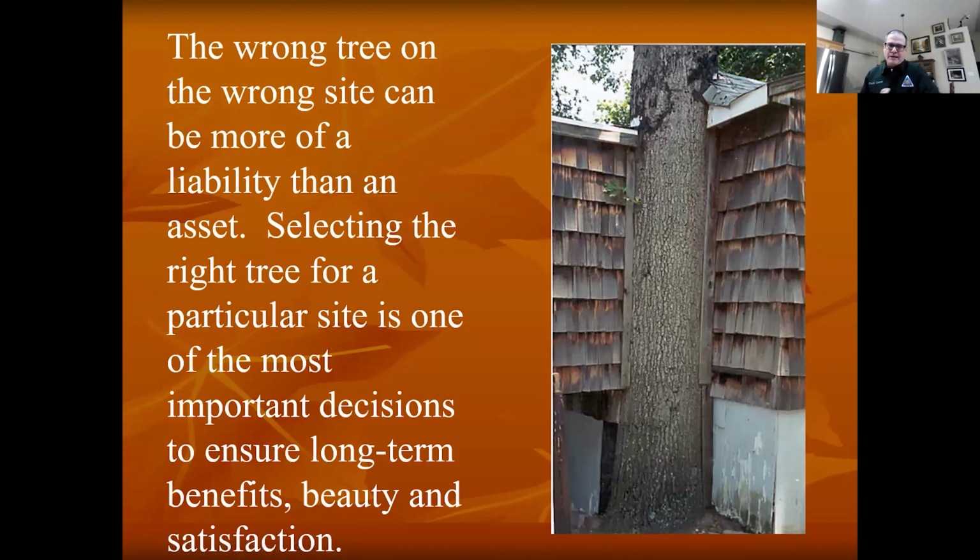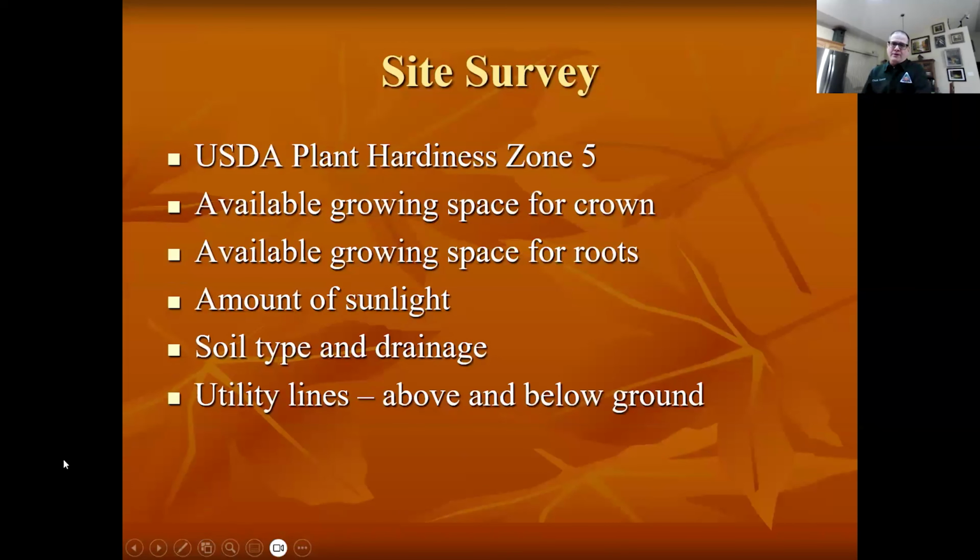So again, a tree is a beautiful asset in a home or a park in the landscape. But if you put the wrong tree in the wrong place, it can actually be a liability too. So it's important to plan before you plant. And that way it just avoids problems down the road. So the first thing you want to do, most people do it backwards.